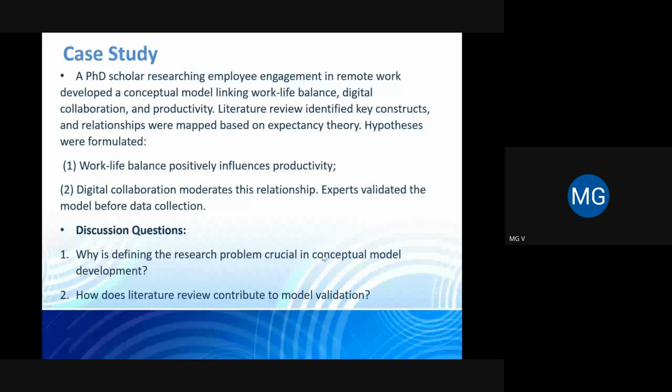It avoids irrelevant variables, right? It ensures alignment with study objectives and avoids irrelevant variables. Because when you go through literature, you may come across a number of variables, but every variable cannot be a part of your model. So how will you identify which one to focus on, right?